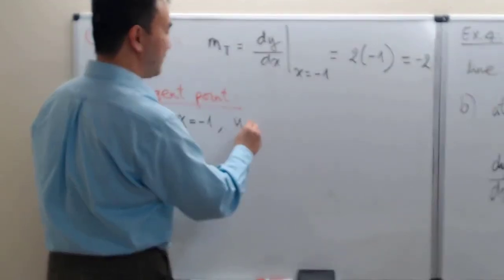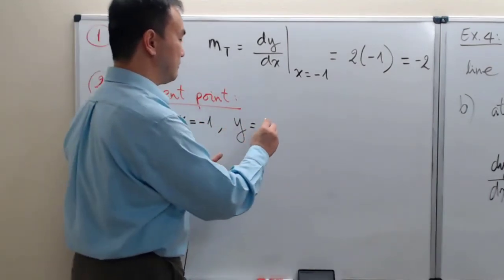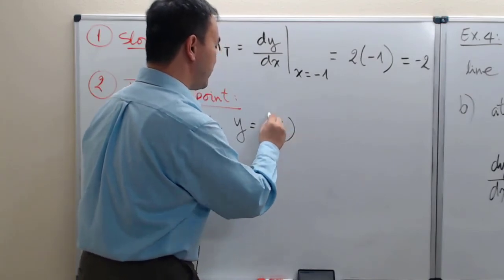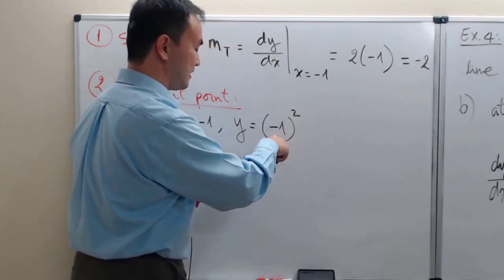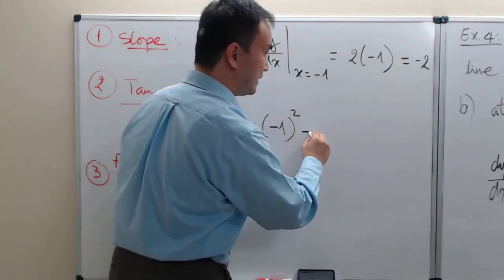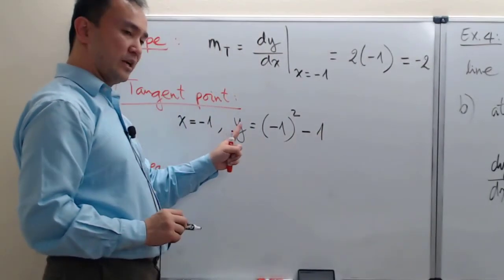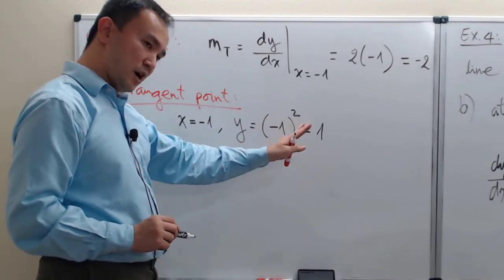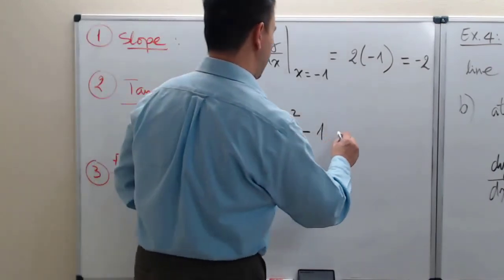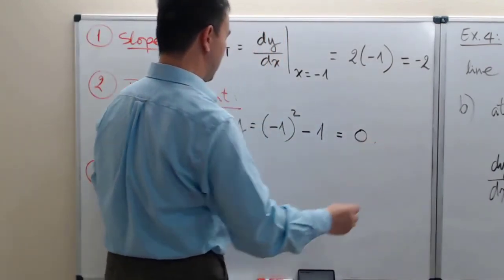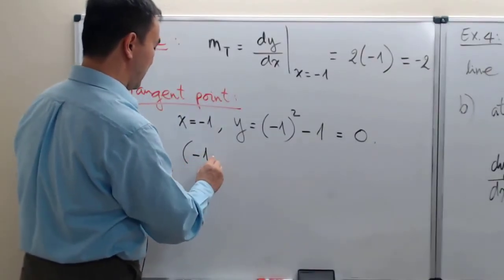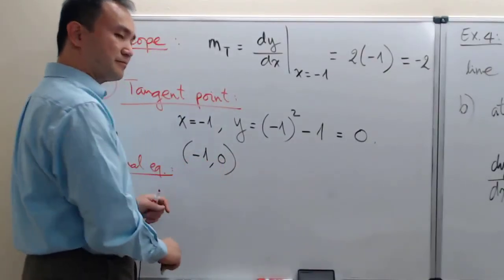So for the y value of our tangent point, simply substitute that into the function: x squared minus 1, but now x is -1, so (-1) squared minus 1. Remind yourself, we're substituting the given x value into the original function, not the derivative. And that here gives me 0 again. So the tangent point is (-1, 0).